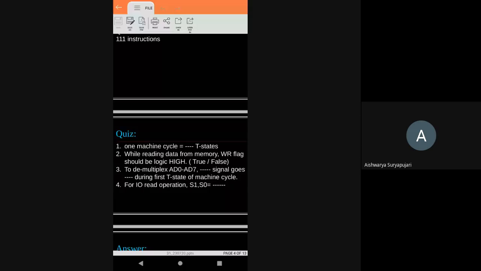Okay, Pratik has tried, and he has given the correct answer for the first. Sanket also gave the attendance at the start only. He has not attempted the answers.